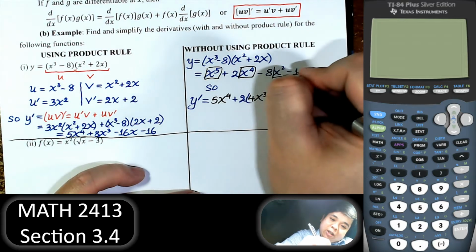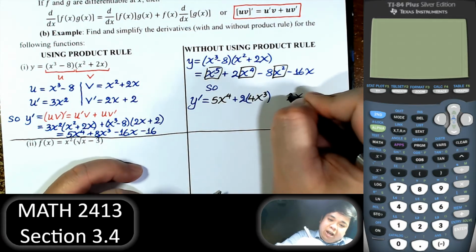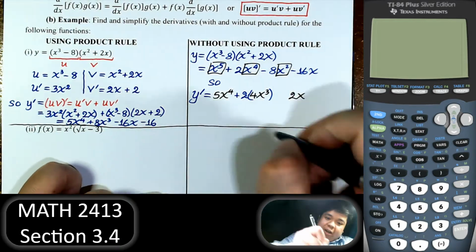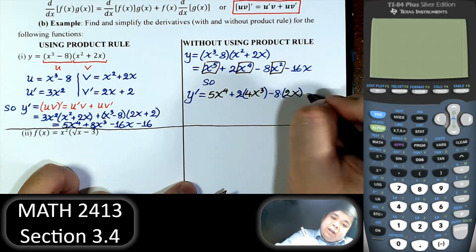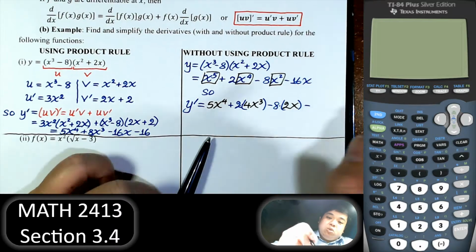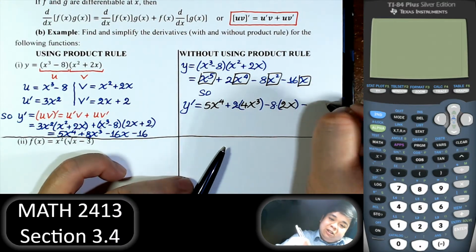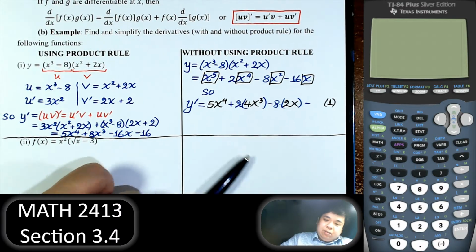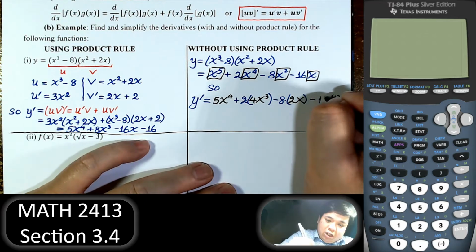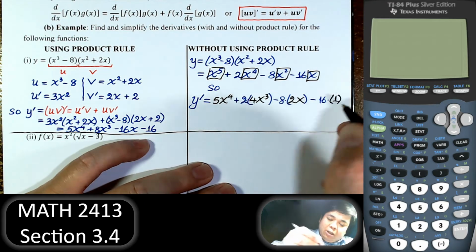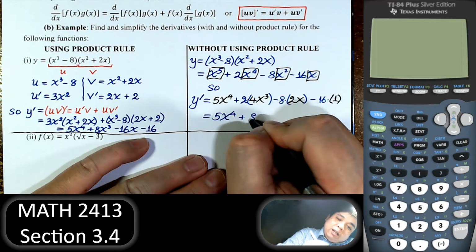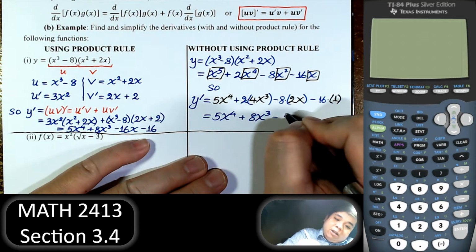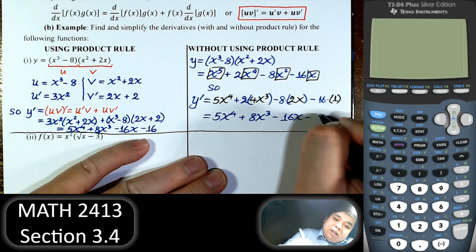The derivative of x squared is 2x, with minus 8 multiplied to it. And the derivative of x is just 1, with 16 multiplied to it. So that is 5x to the 4th plus 8x cubed minus 16x minus 16.